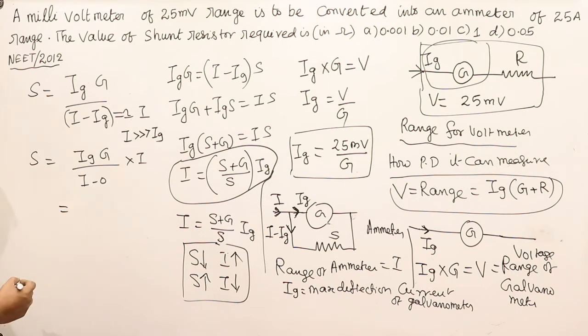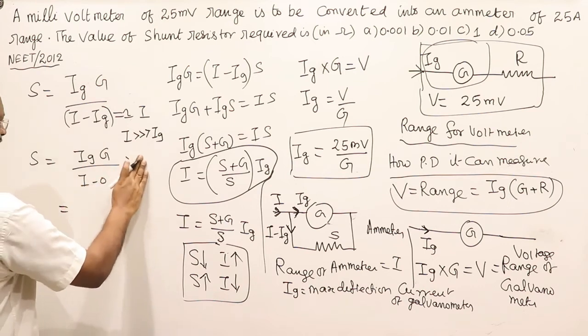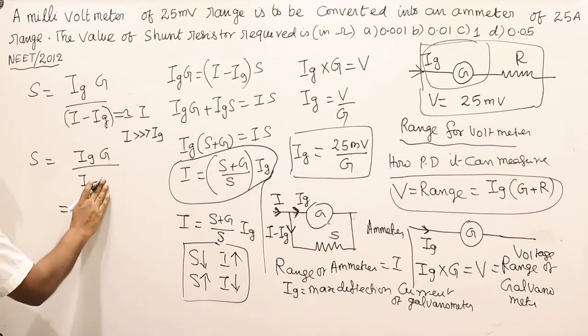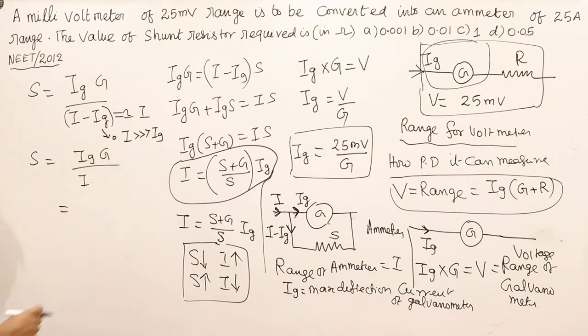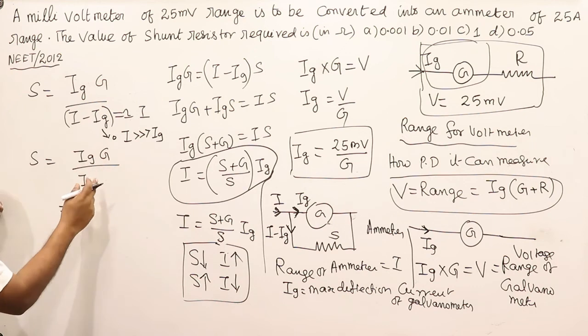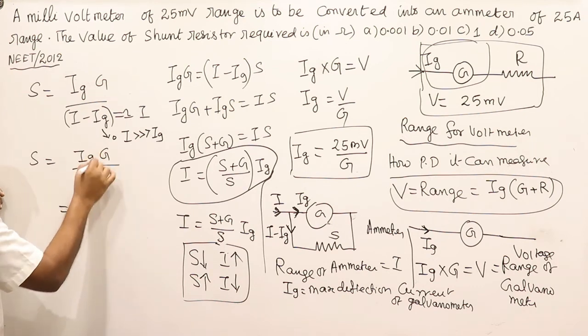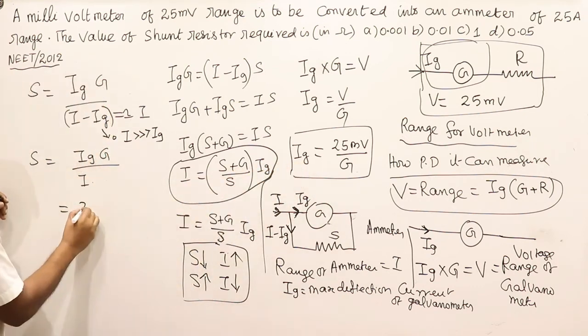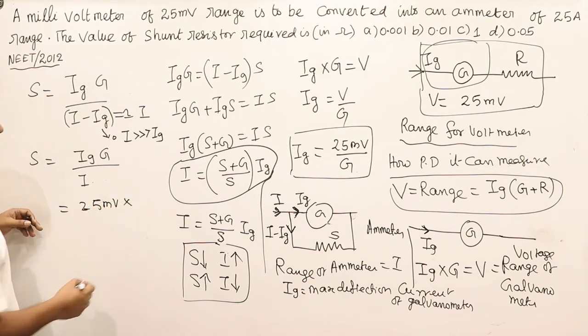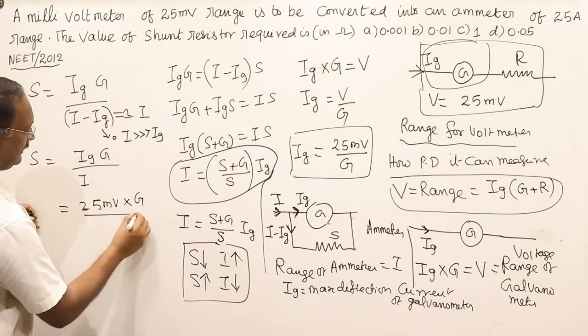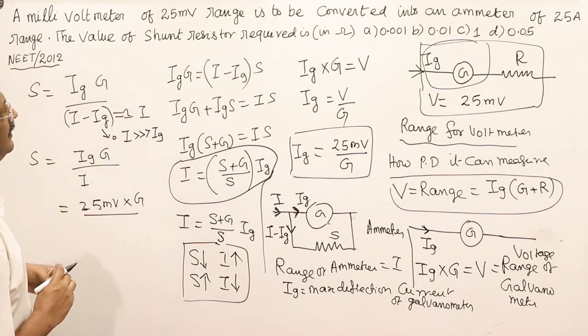So S is equal to Ig into G divided by I. And what about Ig? Ig is equal to 25 millivolt divided by G, so S is equal to 25 millivolt into G divided by I. What is the value of I?